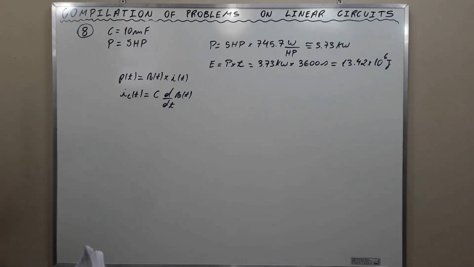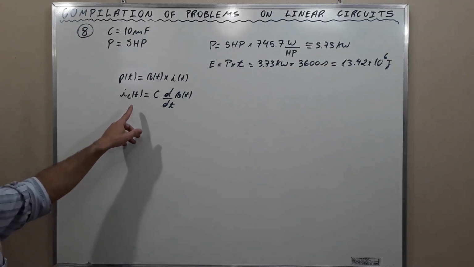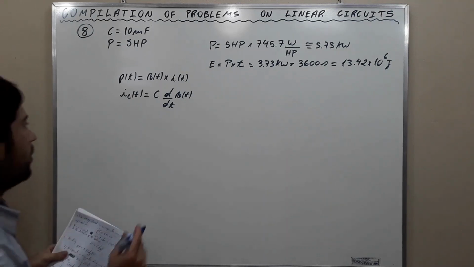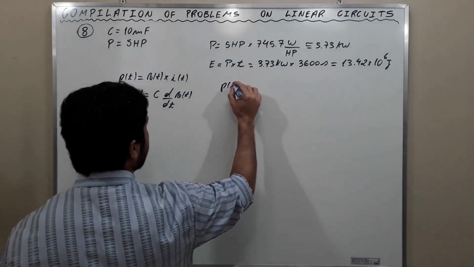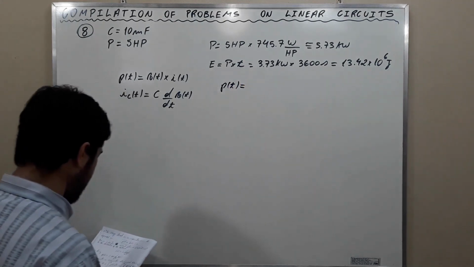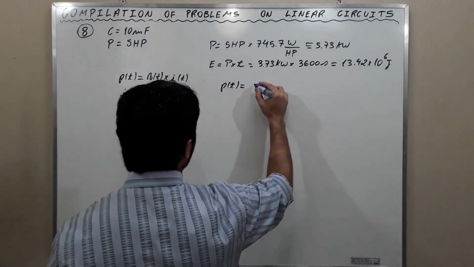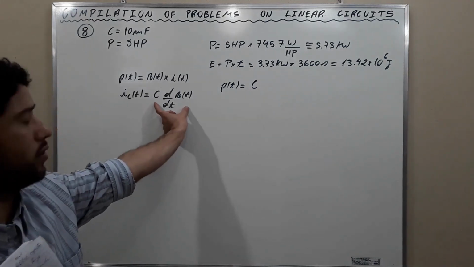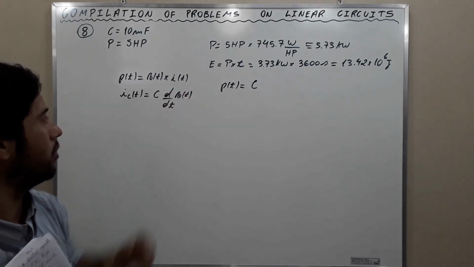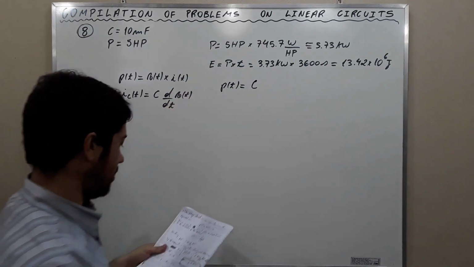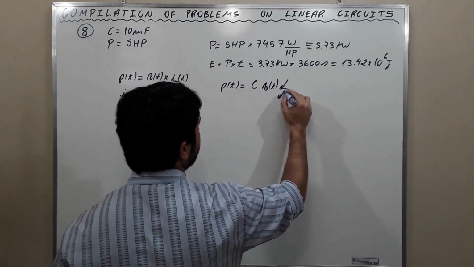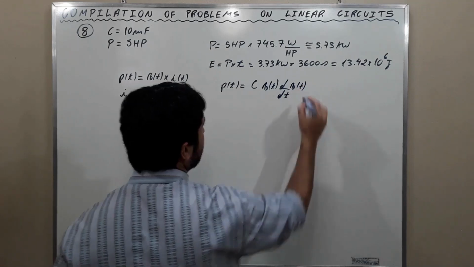And we are going to combine these two expressions here, this and this. Okay? So the power will be expressed as C, we are going to put this here in the place of I, C equal to V of t times the derivative with respect to time of V of t.